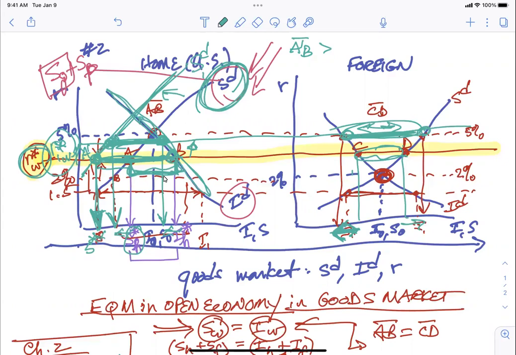This equation, saving equals 1 plus 0.5R. So for every R, saving is 1 less. That's the same thing as saying a leftward shift in the saving curve.